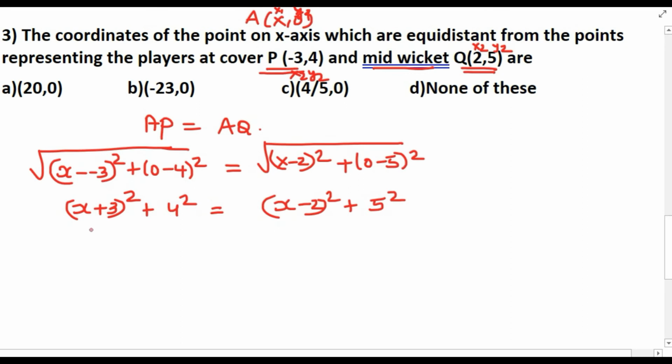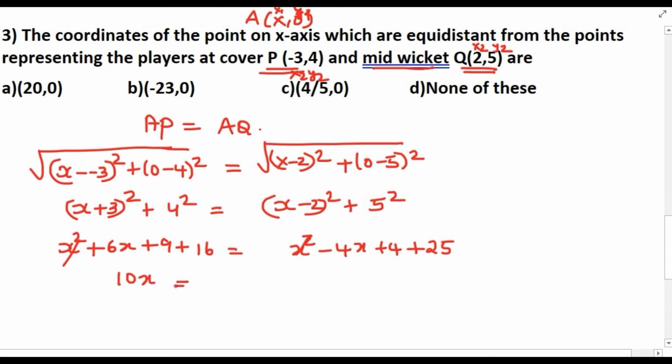So square both sides, so the root will be removed. Now we can simplify this. x square plus 6x plus 9 plus 16 equal to x square minus 4x plus 4 plus 25. The x square terms we can cancel. The minus 4x, if you take it to this side, will become 10x, which is equal to 4.